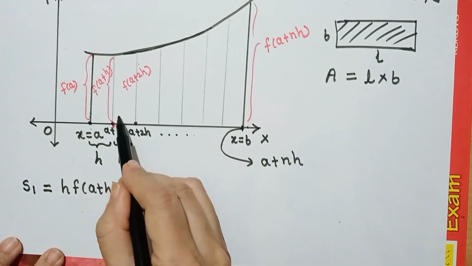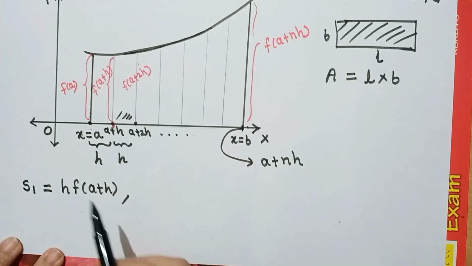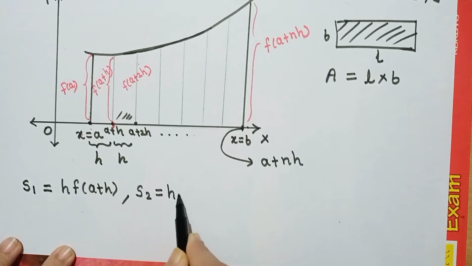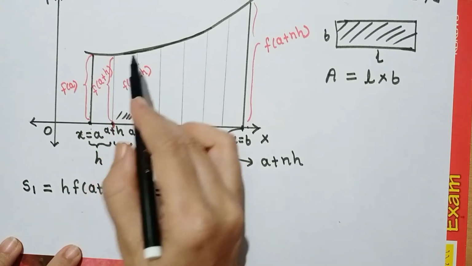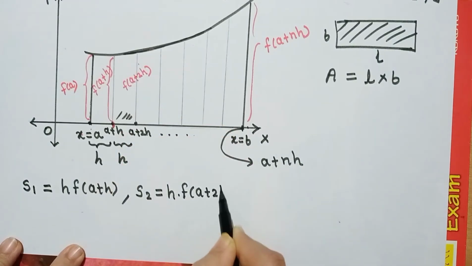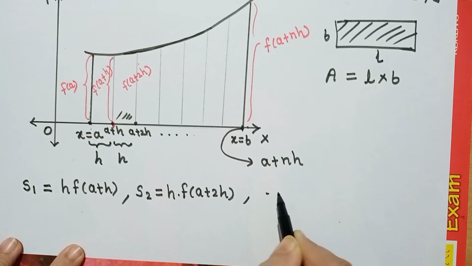By the same way, to find the area of this second rectangle, S2 is equal to again the same breadth h, and this height is f(a plus 2h), and so on.